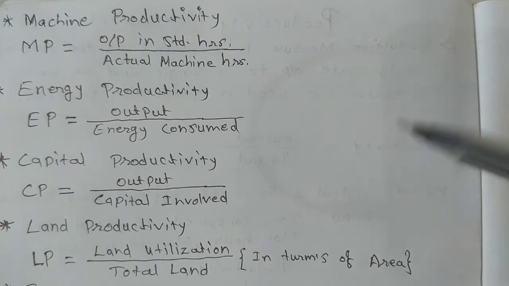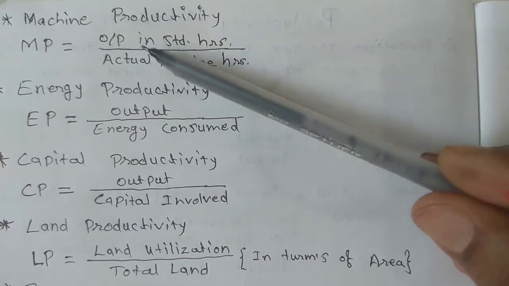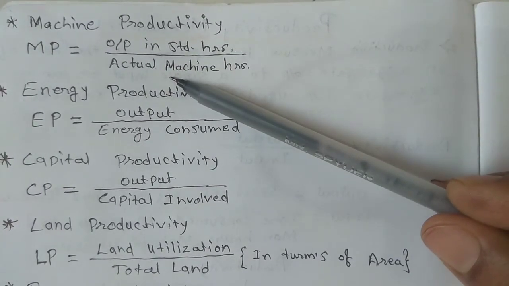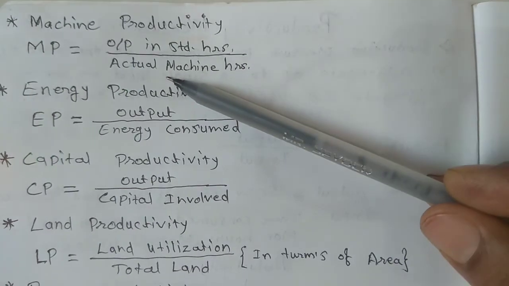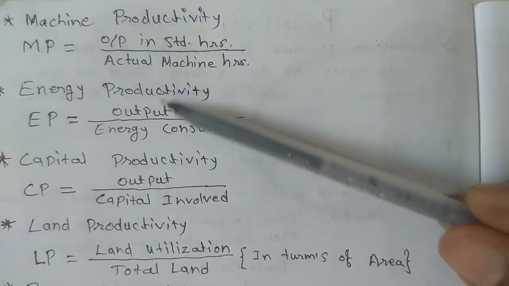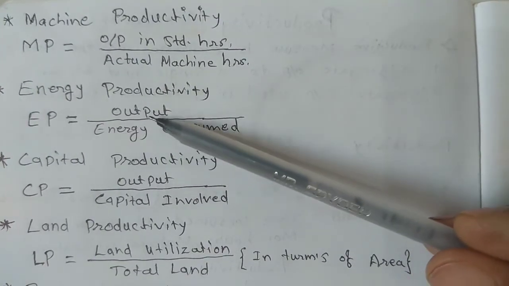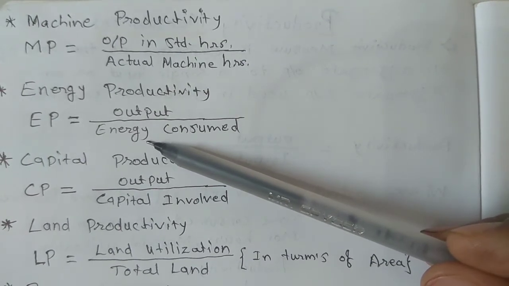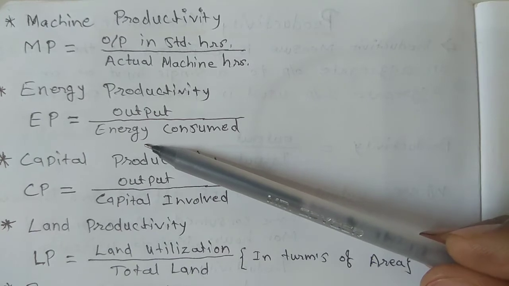Then the next measure is machine productivity. Machine productivity is calculated as output in standard hours divided by actual machine hours, that is machining time. Then energy productivity, which is the ratio of output upon energy consumed by your overall plant or by the particular machine.